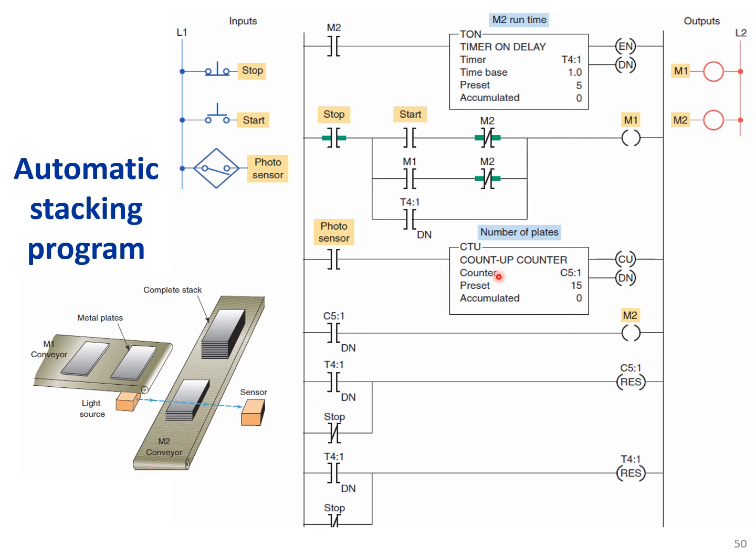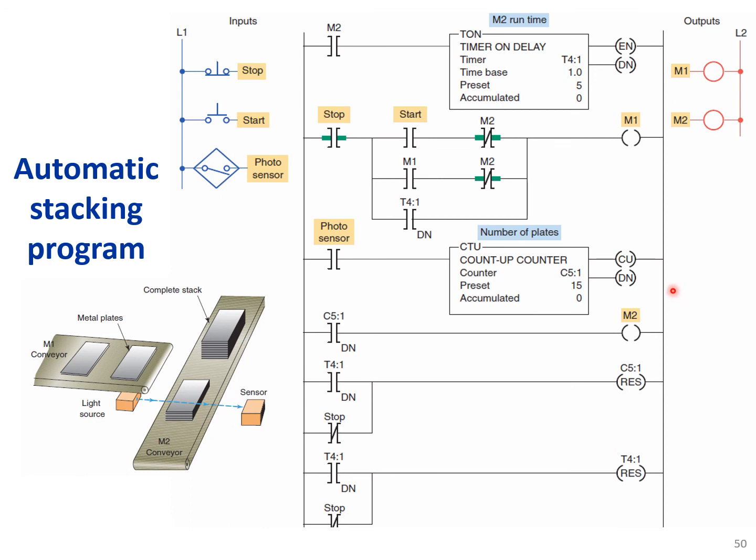Here we have one up counter that counts the number of plates coming, and this sensor checks if the plate has arrived. Once it's done, motor 2 will start, because we need to push this stack forward and start stacking plates again.